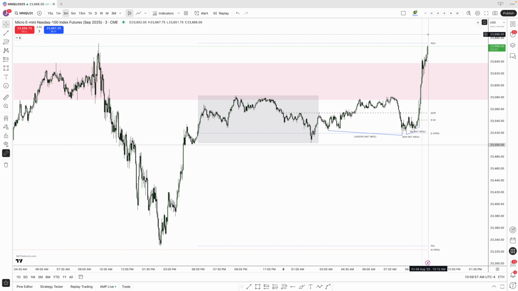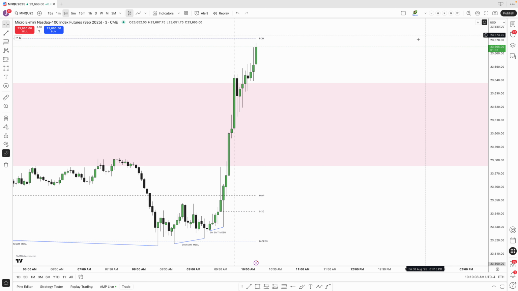We are in alignment now, just pushing, and just waiting for that to get taken. I think that's actually going to be a really good short. At least a rebalance.